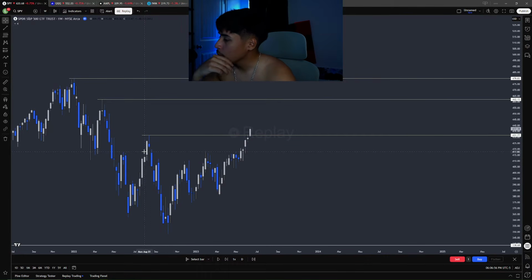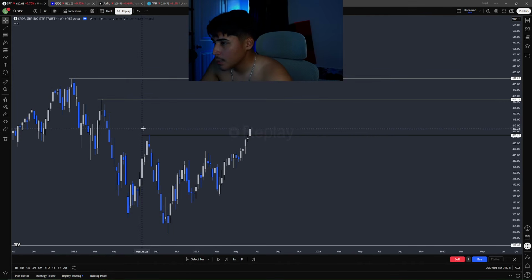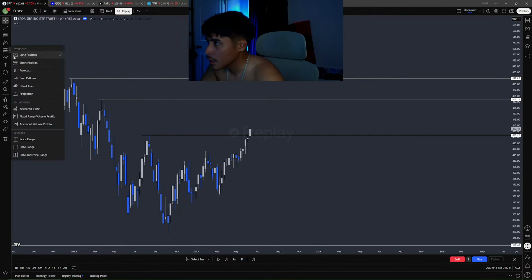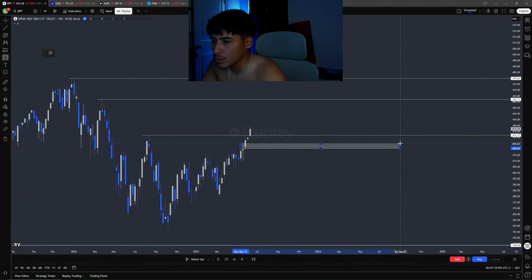Well, what happens when you rip through a previous sell-off level with a fair value gap? And what does a fair value gap represent? Buyers outweighing sellers. So if we're no longer selling off here, we break through these levels with a fair value gap.